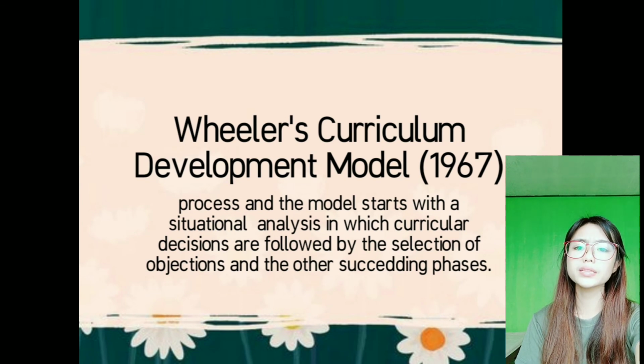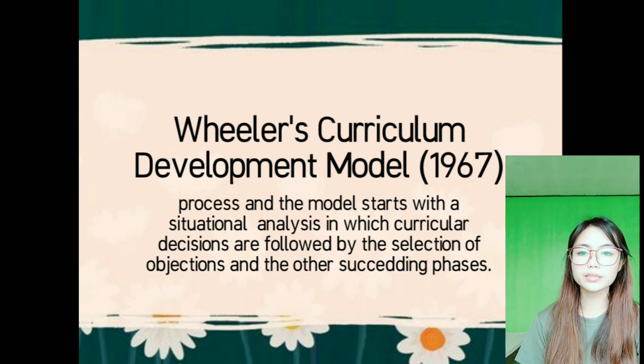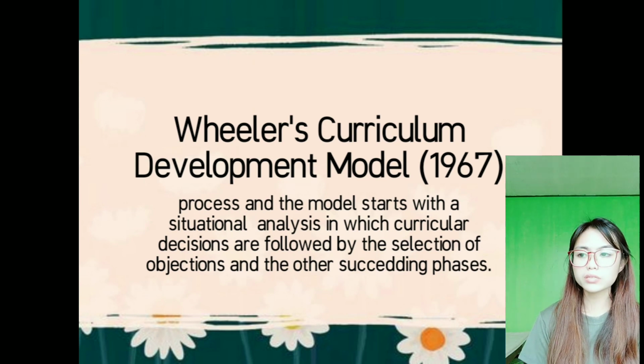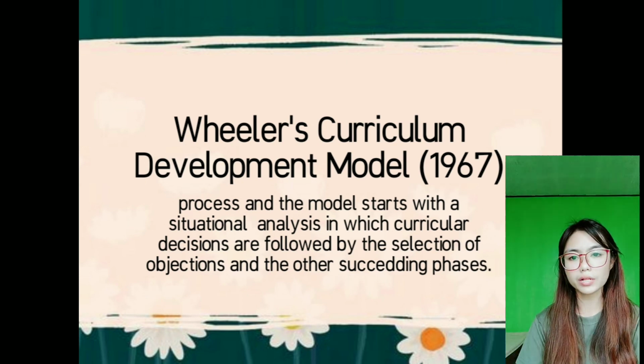This model has a target, the situational evaluation. This is because the context within which the curriculum decisions are taken is considered important. This practice can help make the most effective decisions. So that is Wheeler's model.